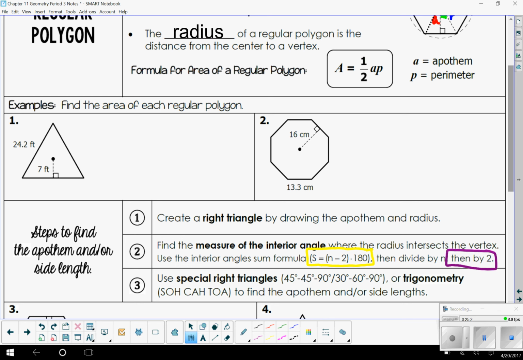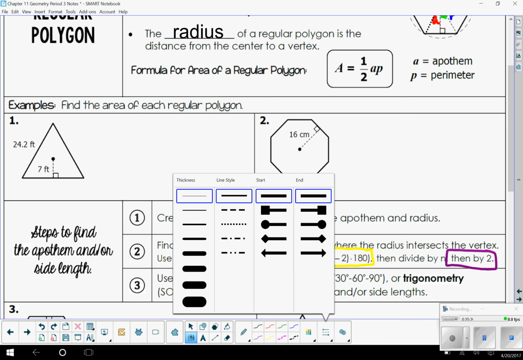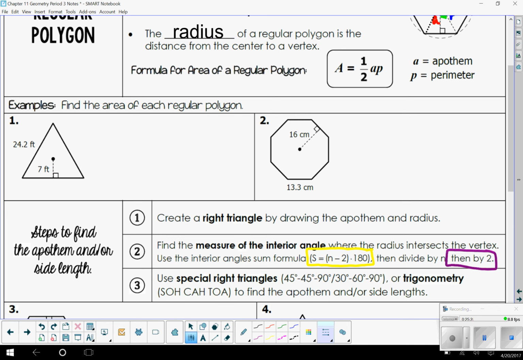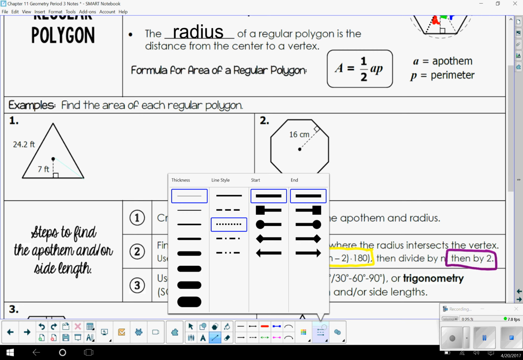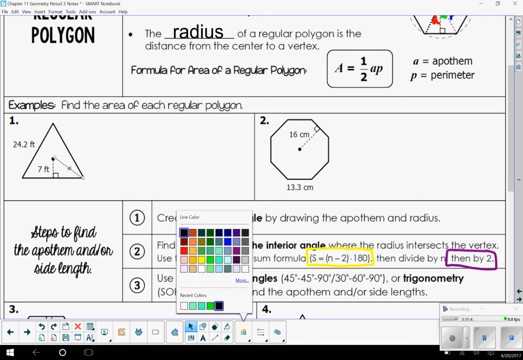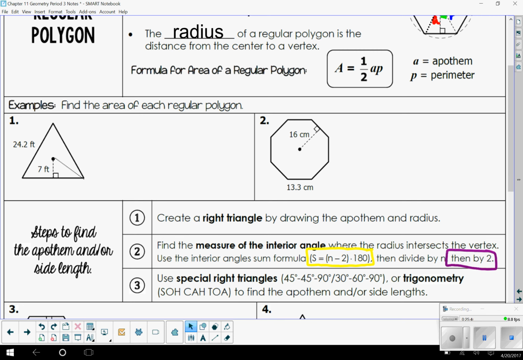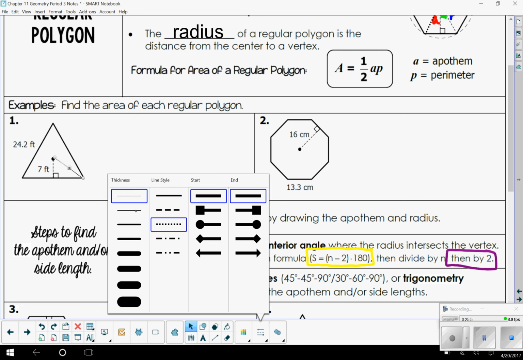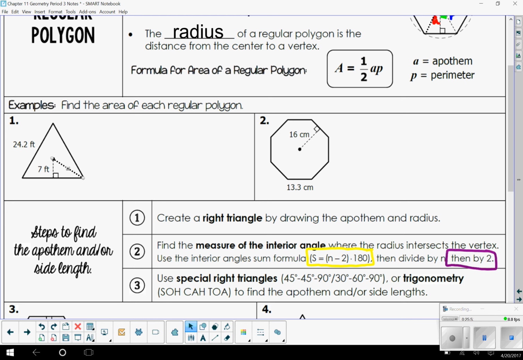Okay. So again, I'm going to say this to you guys again. You have to write the formula down. So we have the apothem. From this, we draw our radius, okay?